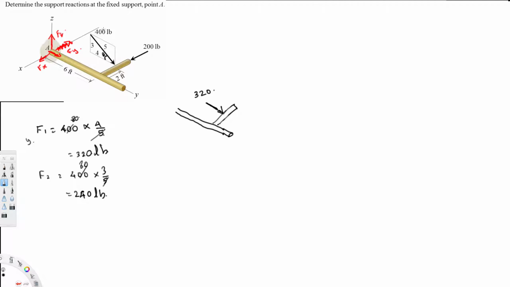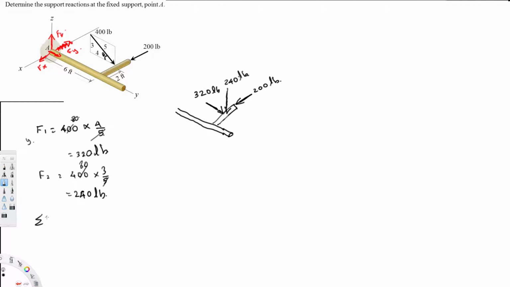It's acting downside, so it's going to be straight down. That's going to be 240 pounds, and also we know 200 is acting on the x-axis. So now we can calculate Fx, Fy, Fc.